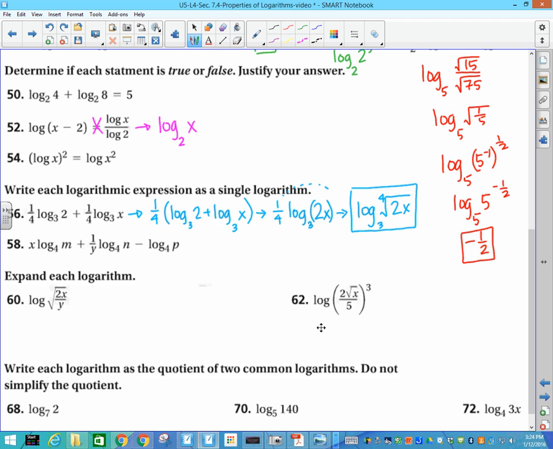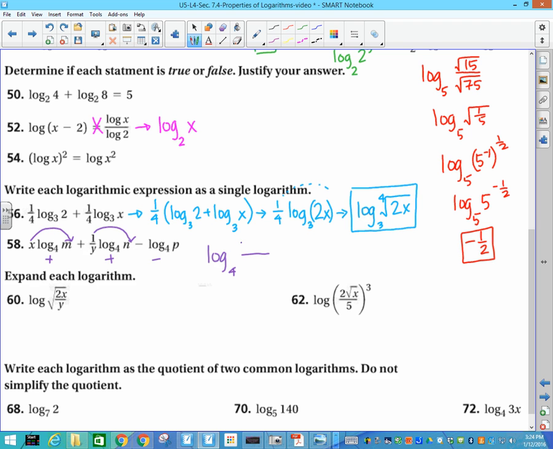And here's another one. I want to do this one because you can go through all the different steps, but this is like what I told you up at the top. Look at this one. This particular log is positive, this particular log is positive, and this log is negative. If I have any that are negative, that means I'm going to have some kind of division. So I'm going to say log base 4, I have some kind of division. This is going to be an exponent, this is going to be an exponent, and that one doesn't have an exponent.